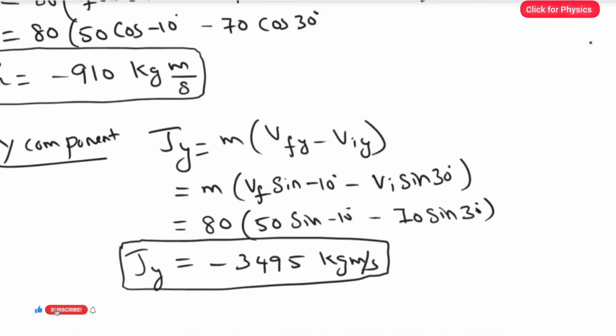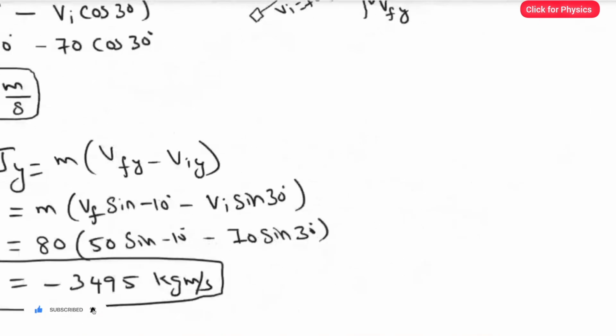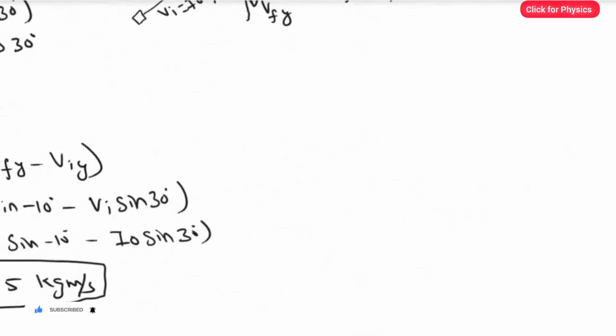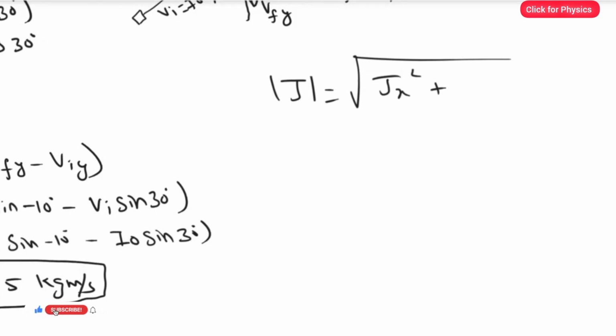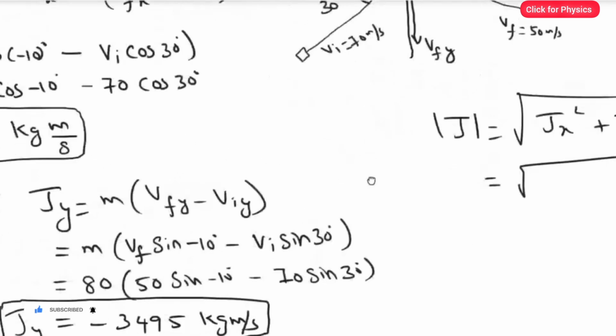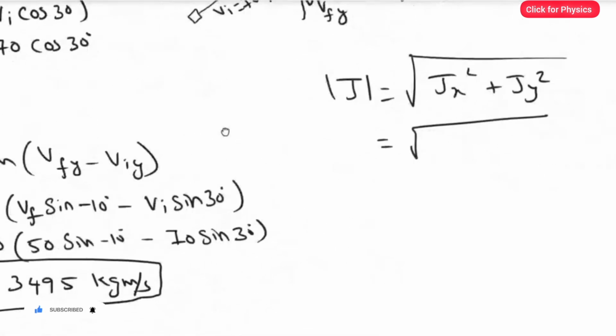Now what we have to do, we have to find its magnitude. So how to find the magnitude? It's very easy. J magnitude is equal to square root of j of x square plus j of y square. So now I have to substitute the value. What is our j of x? Our j of x is minus 910.